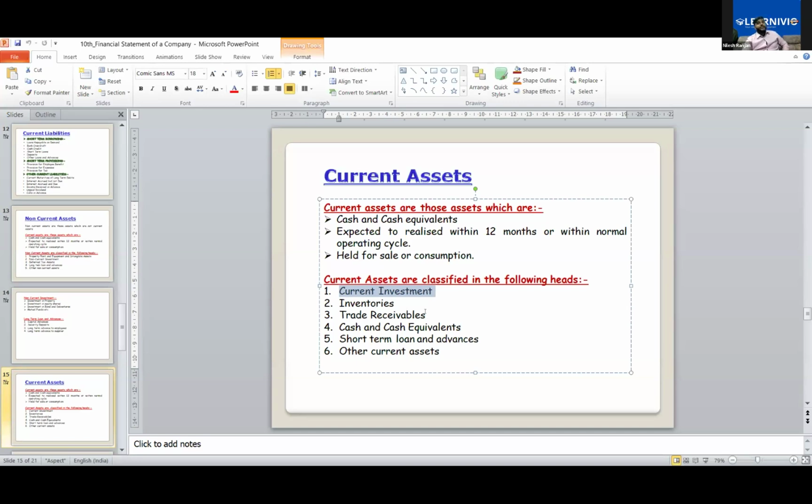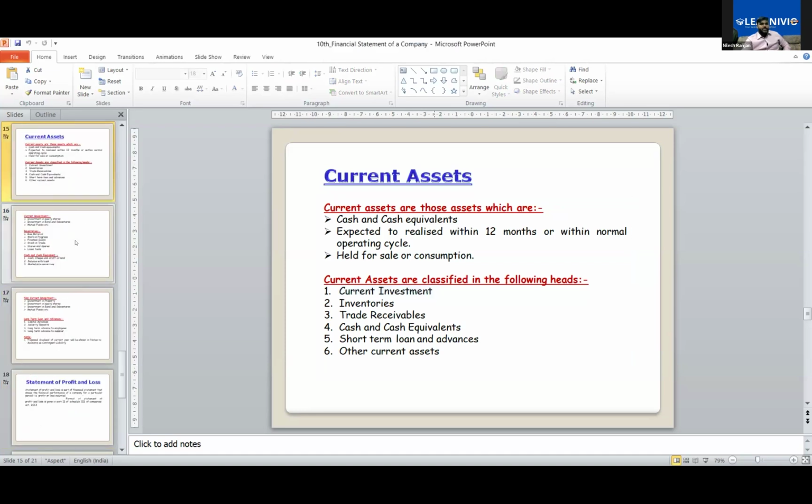Then trade receivable means debtors, bills receivable. Cash and cash equivalent means cash, bank, marketable securities. Short-term loan and advances, same as long-term loan and advances. Under other current assets, there are prepaid expenses and accrued income that is not received yet. All these come under current assets.